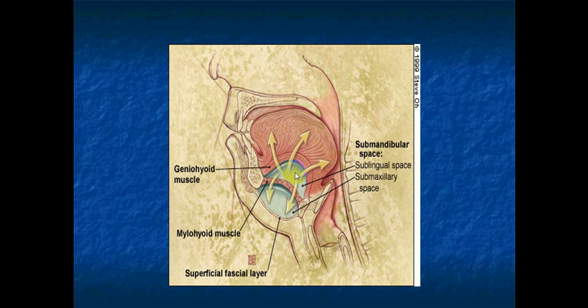Infection in the submandibular space can cause displacement of the tongue backward and cause obstruction of the oropharyngeal airway. This is the appearance of Ludwig's angina, cellulitis of the floor of the mouth and the submental space.